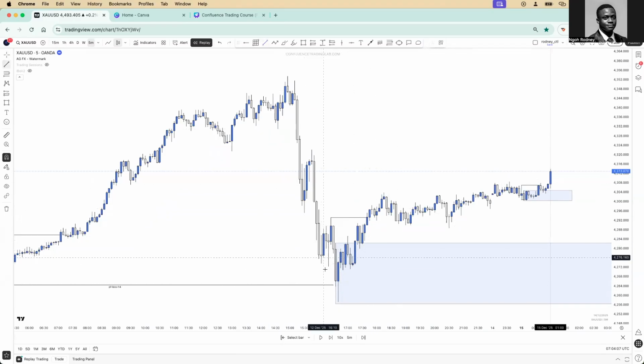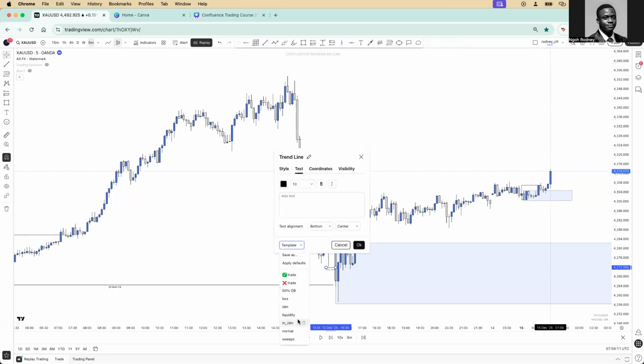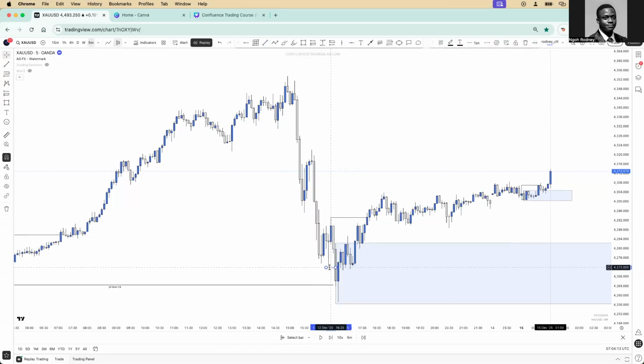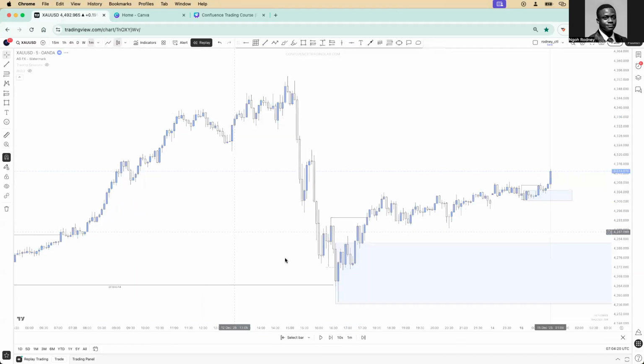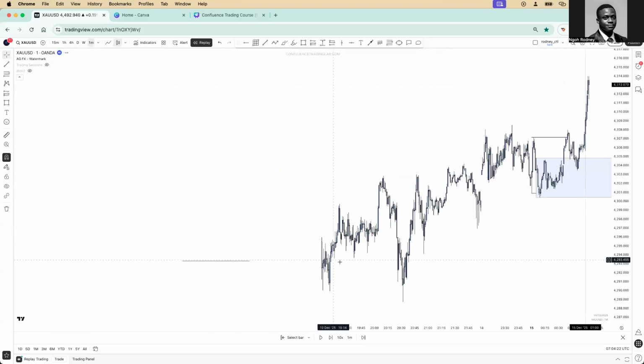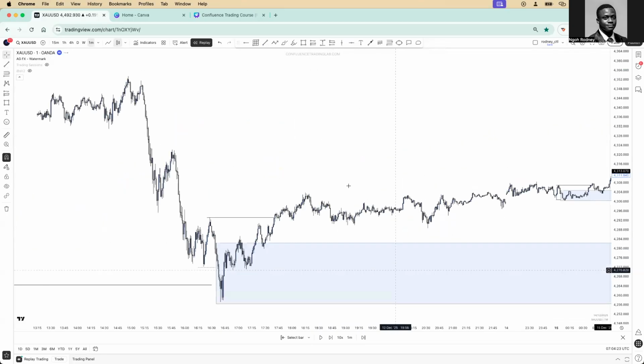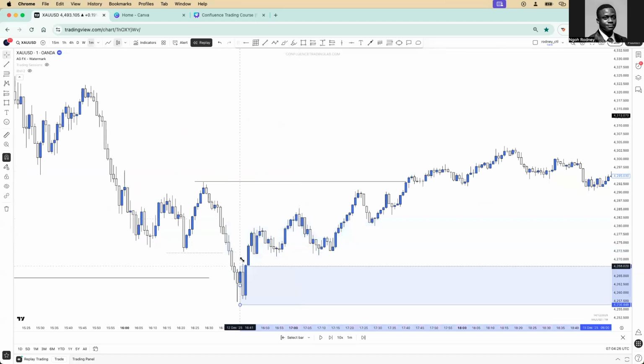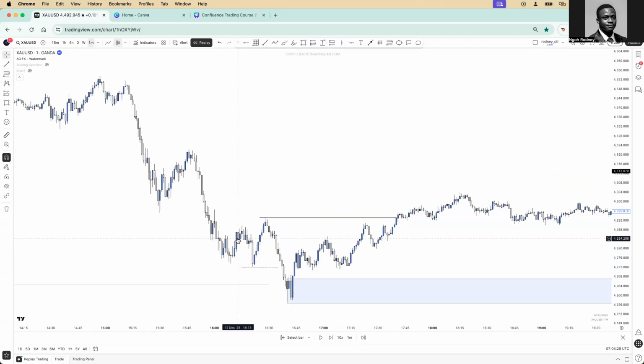And this is still our inducement here based on 15 minutes. Then this was the break here. And again, you can go even lower, to 1 minute, 3 minutes, and do the same thing. On 1 minute, what do we look for? This becomes the entry here.